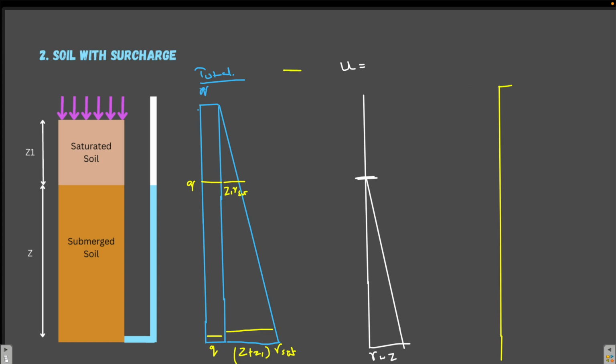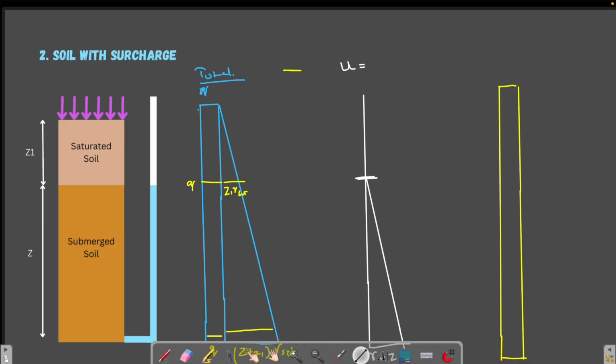There is no component of Q getting subtracted, so Q will remain as it is.